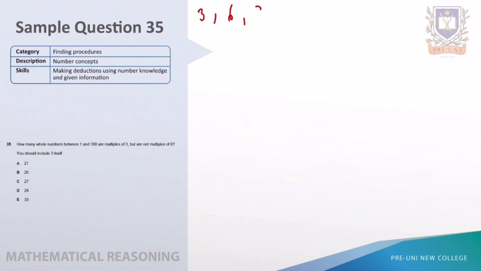So if we write it out, we have 3, 6, 9, 12, 15, 18, 21.